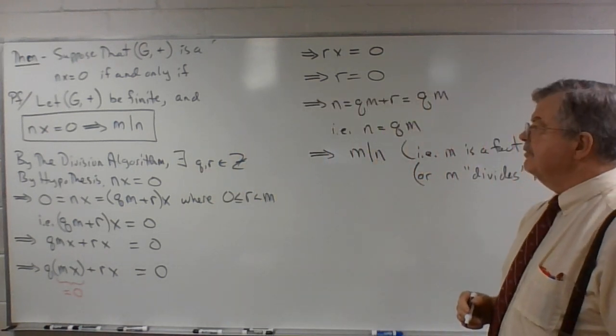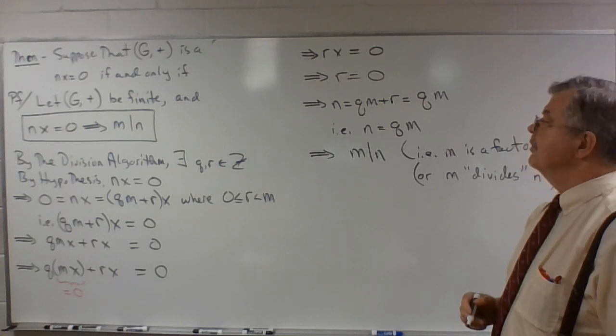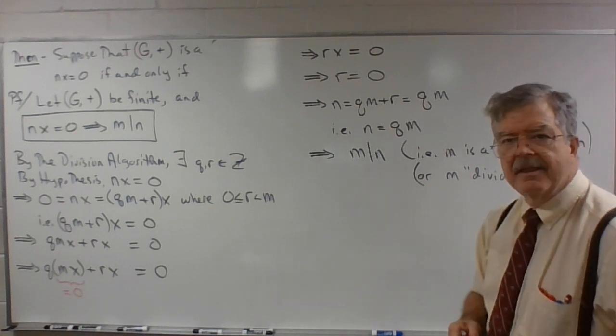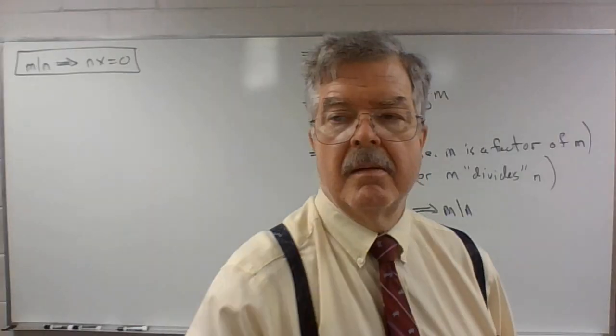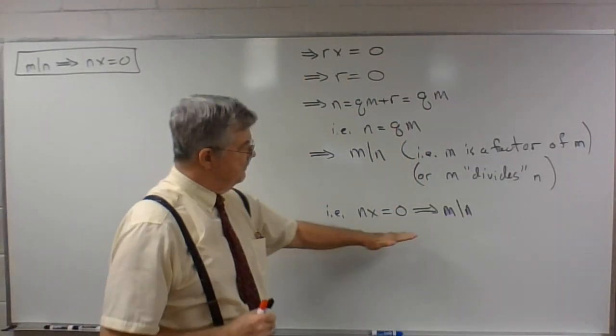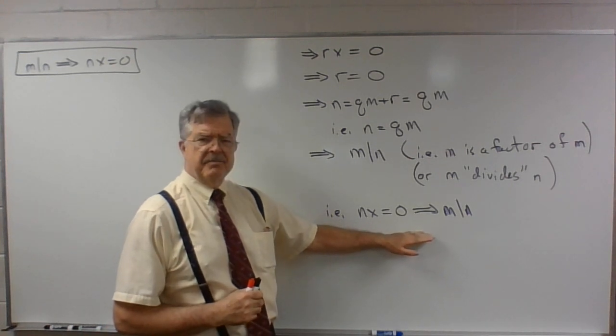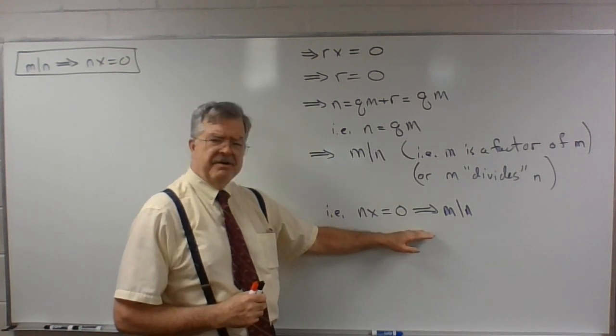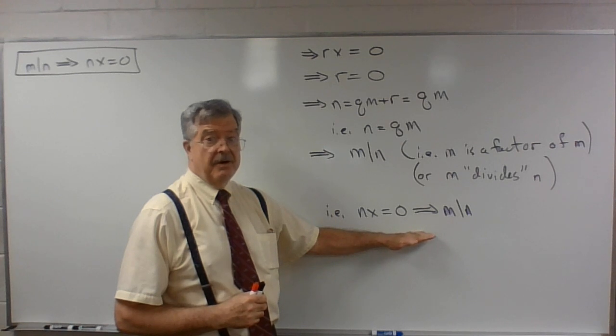Okay, now we're going to turn it around and go the other way. By the way, I should have put the finishing touches on the first part of the proof and just reiterated what we have shown.